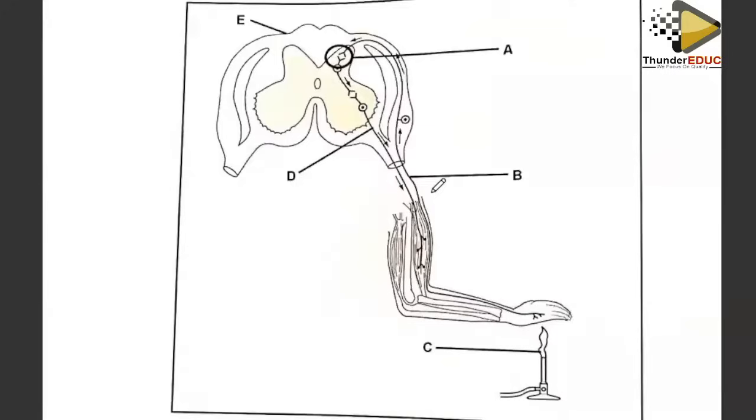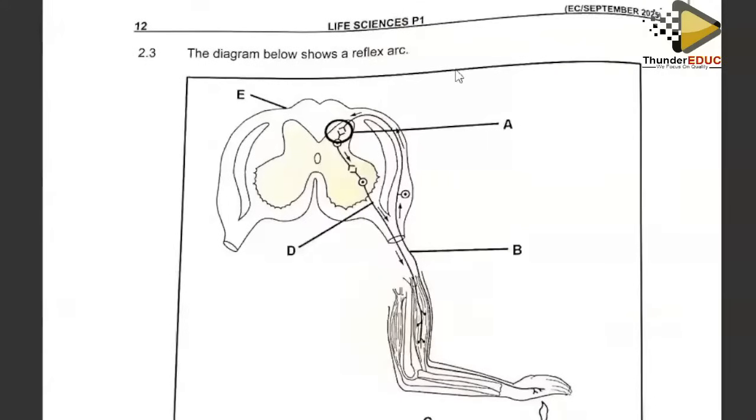So we got the next question, which they're asking: what is A, what is B, what is C, what is D. So A looks to be a synapse, and then B looks to be, what is this? It comes like this, the arrow is going in.